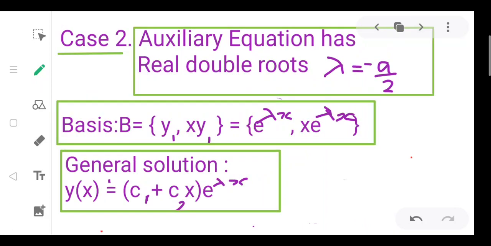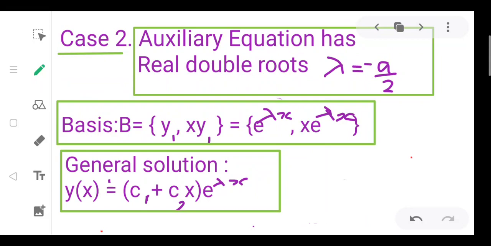Also, in the second case, when the auxiliary equation has a real double root, and that common root is lambda equal to minus a by 2, the basis will be e raised to lambda x and x e raised to lambda x, and in that case the general solution will be y of x equal to c1 plus c2 x into e raised to lambda x, where c1 and c2 are arbitrary constants.